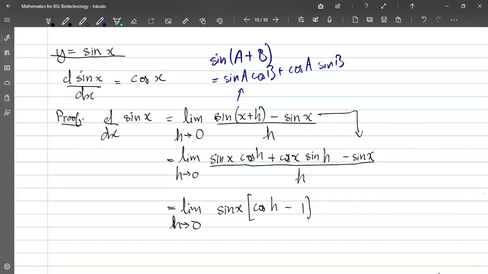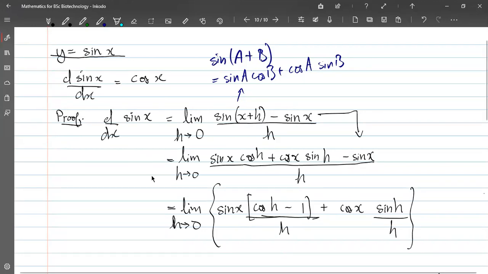Sine x times cos of h minus 1 remains, plus, this is just the numerator, cos x times sine of h, this term, okay? Separated it because this is taken out. Divided by h. So now what I will do is write the divided by h here and here separately, and this whole thing we are finding the limit of, okay?